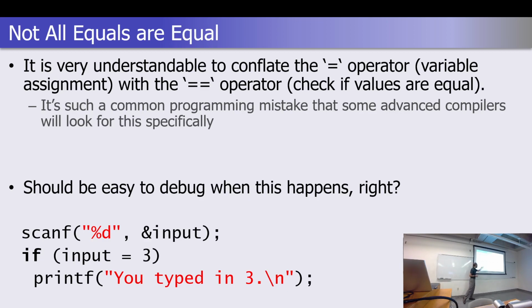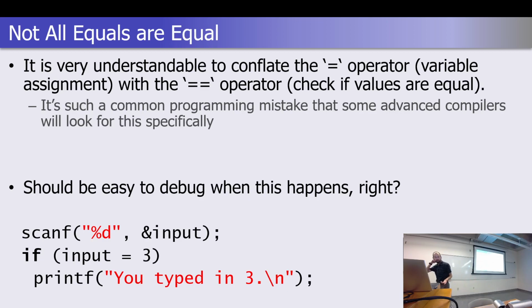If input equals 3, that is the variable assignment operator. We usually think of these things as separate lines of code with a semicolon at the end. This is valid C. If input is assigned to 3, we're not checking if input is equal to 3, unfortunately, because it is a bug. It is a typo, whatever you want to call it. We've actually assigned input to be a value of 3.